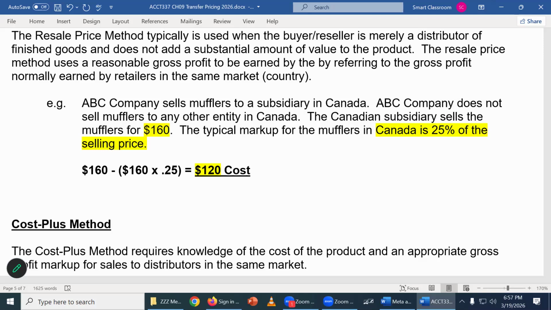Because they could tell us two different ways. What's the markup on the selling price? So they did in this one. They could also ask, what is the markup on the cost? And the reason they did selling price on this one is because they didn't give you the cost. What would have to be the markup on the cost to get to 160?